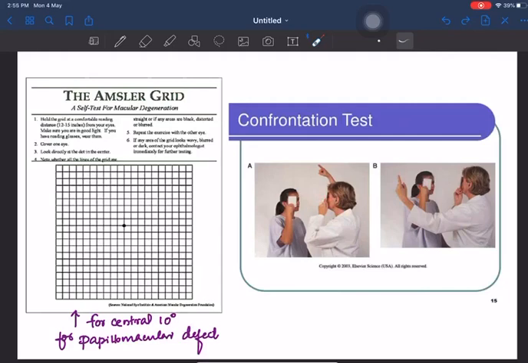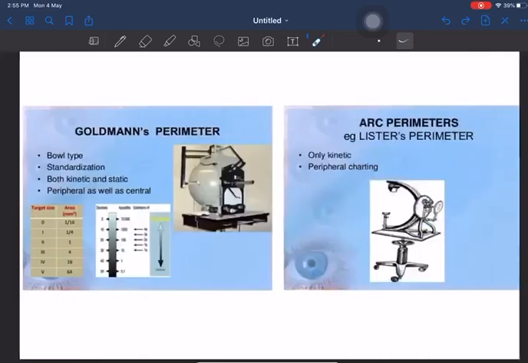We should always make sure that the patient is seated at the same eye level as the examiner, and then the examiner moves her fingers from the periphery inwards. The same procedure can be repeated for the other eye.